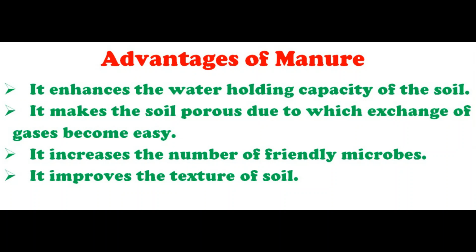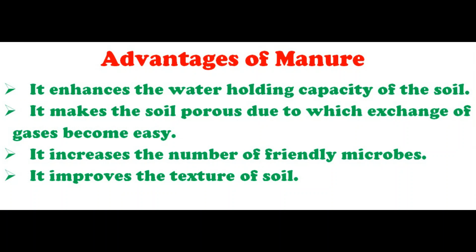Number 3, it increases the number of friendly microbes because they are coming from organic sources. Manure gives birth to a lot of microbes which are friendly. And finally, it improves the texture of soil. Texture means the enriching part of the soil.